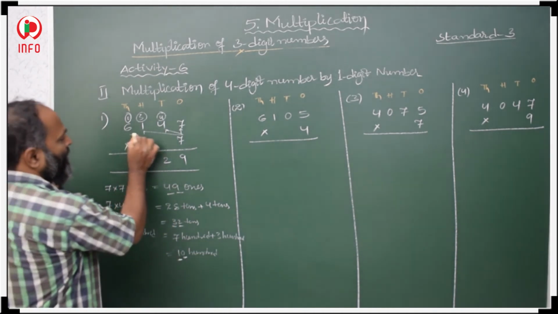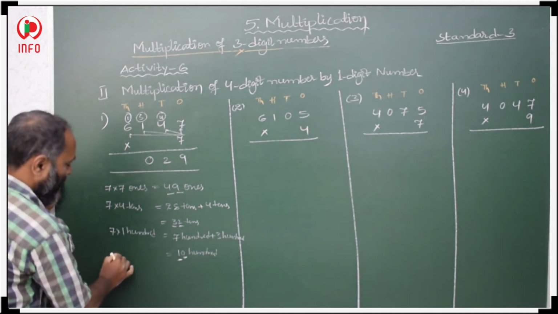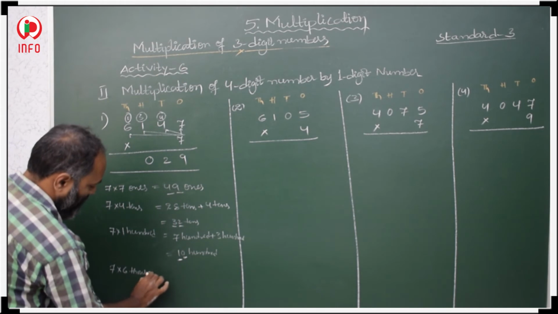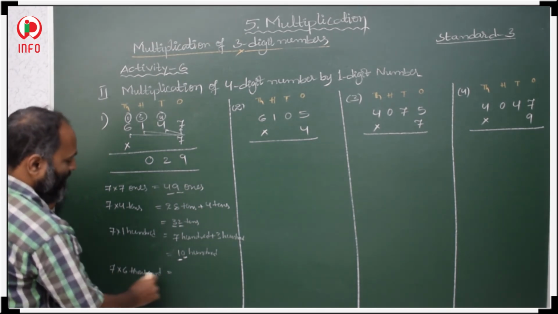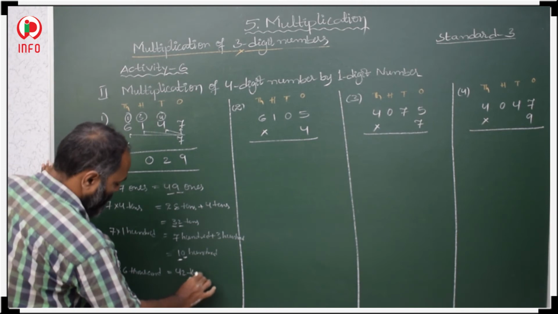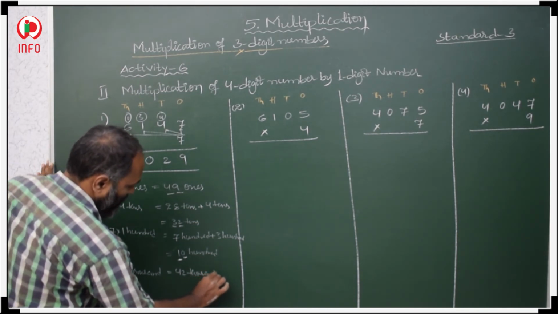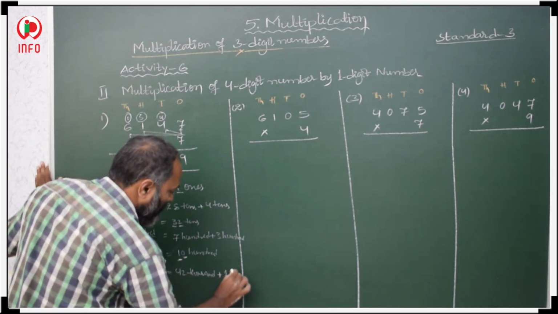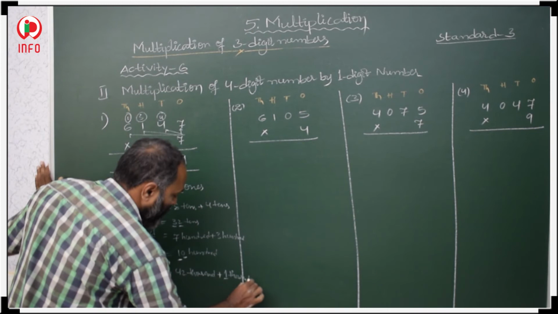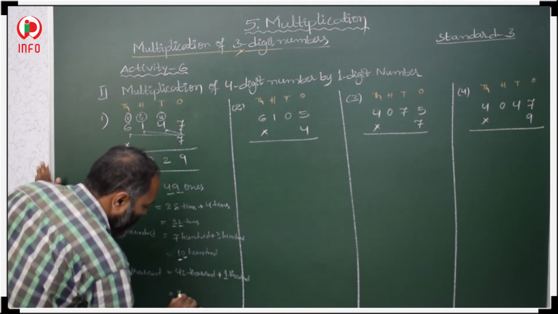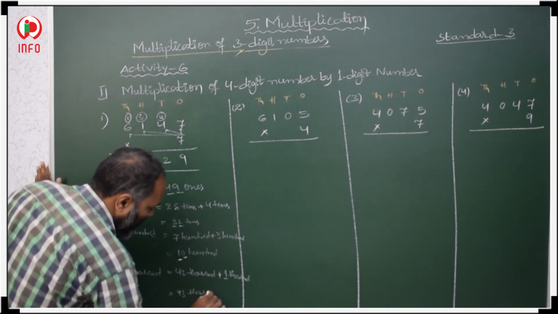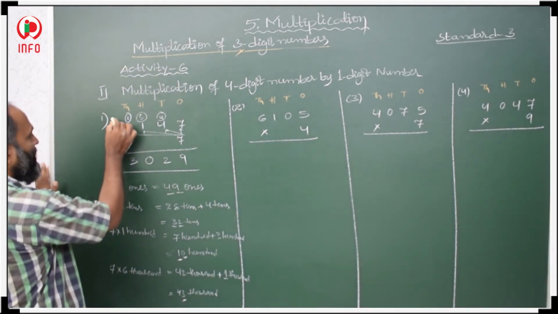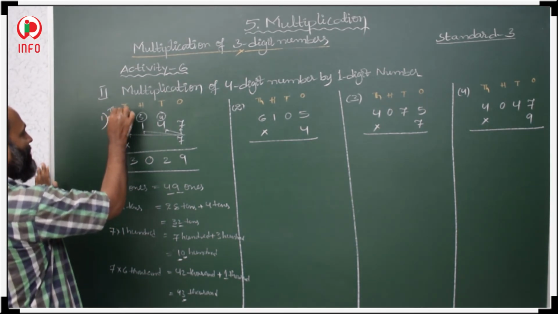Now 7 with 1000, 7 with 6000, 7 sixes are 42,000, plus 1000, 42 plus 1, 43,000. 3 in thousands place, and 4 is in 10,000s place.